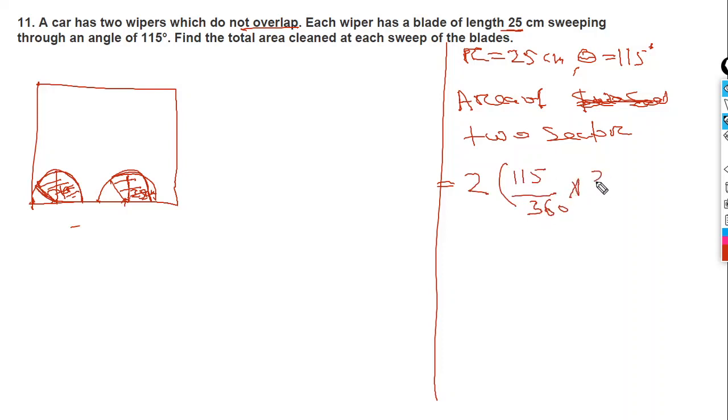Pi value is not given, so you can directly write 22 by 7 into r, which is 25, square. Now you can cancel. 115 will be cancelled, it will be 72, then 23, then you can cancel here, 36, here it will be 11.